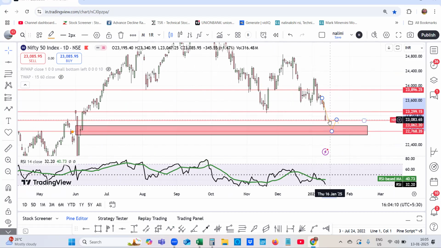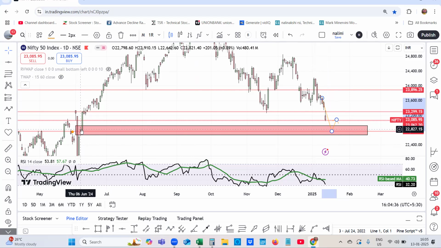Now today's close is 23,085 and this is 23,915 to 23,800. So another 100 to 200 points within a distance, there is an order block.